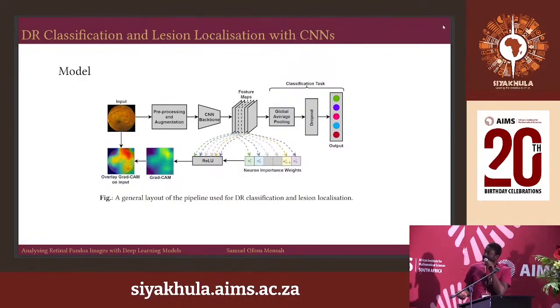Then it is fed to ReLU. Then we get this matrix, which contains the heat map, and this heat map is overlaid on top of the input to get this overlaid image. So we can see that in this example, the heat map has been overlaid on top of the lesions. There are some lesions over here, and there are some heat maps that have been generated on top of them.